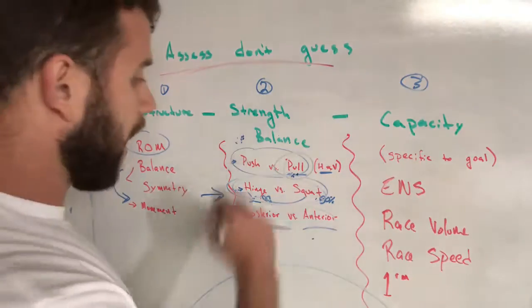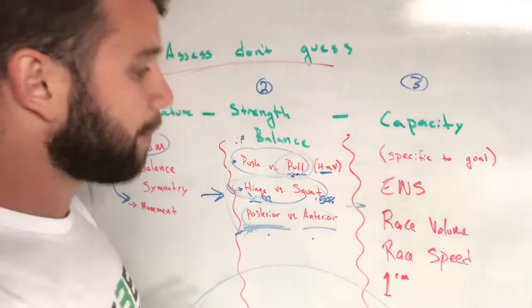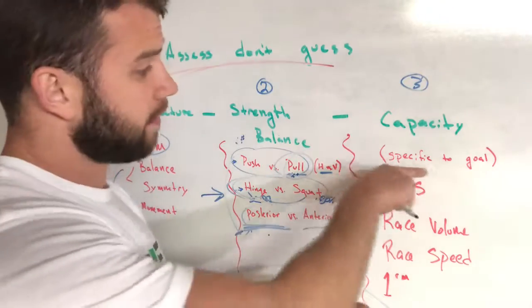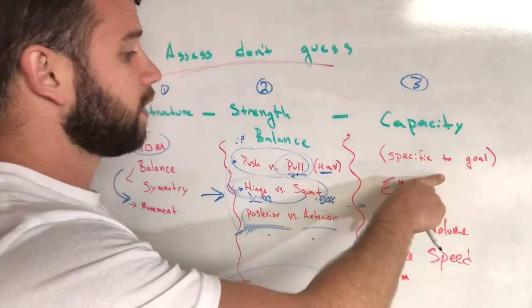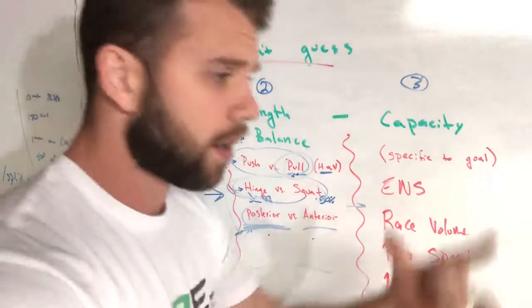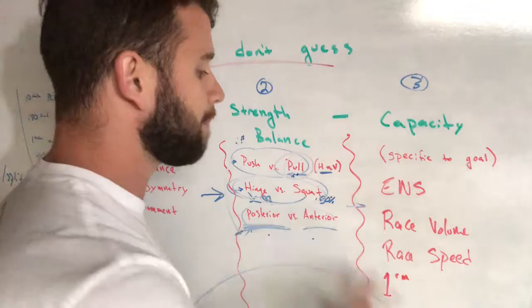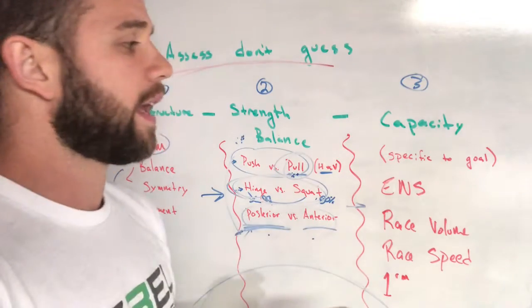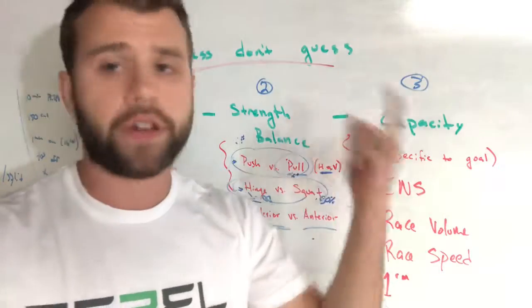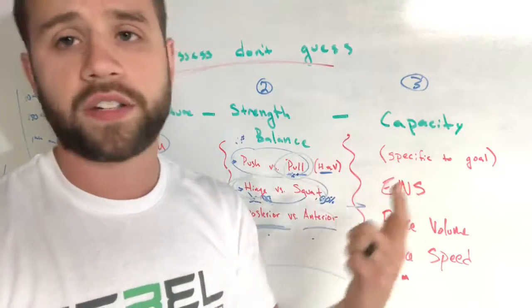Okay. After that, we're going to test over here capacity. And this all depends on, and it says that right, yeah, specific to the goal. Okay, so if the goal is this person wants to run a marathon, then how we test capacity is going to be very different than if someone was like, I just want to garden, do 40 minutes of gardening during the summertime.